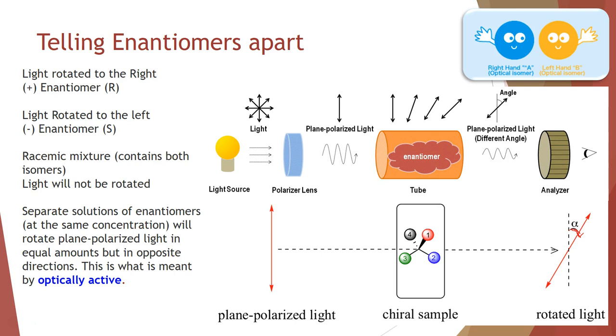If we have a racemic mixture, which means it contains both isomers, the rotation of the light will be cancelled out, so we won't see any rotation. But if we have a pure enantiomer, an R enantiomer will rotate to the right, and an S enantiomer will rotate to the left. This is what we mean by them being optically active.